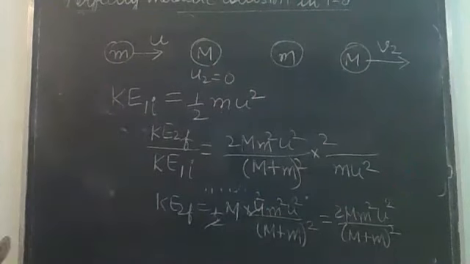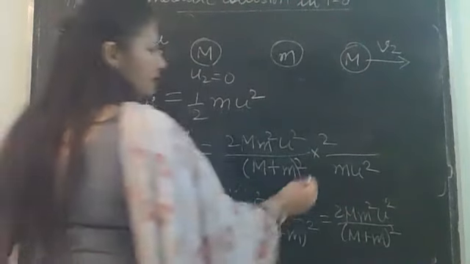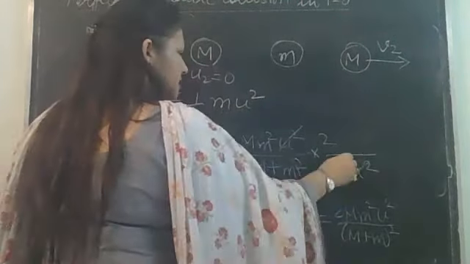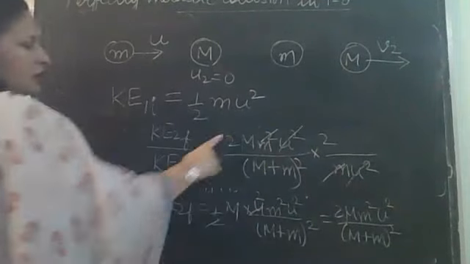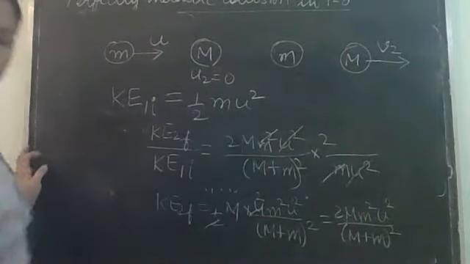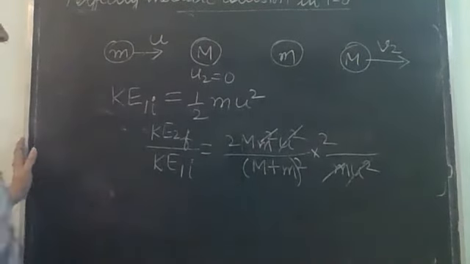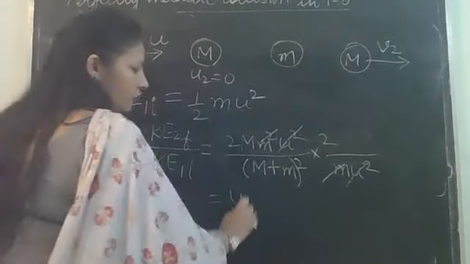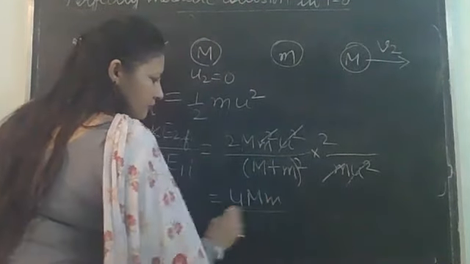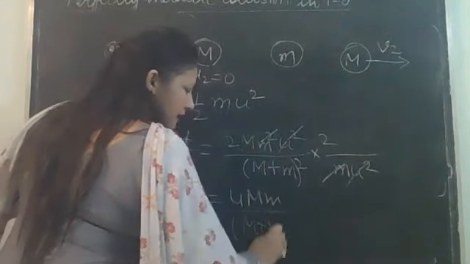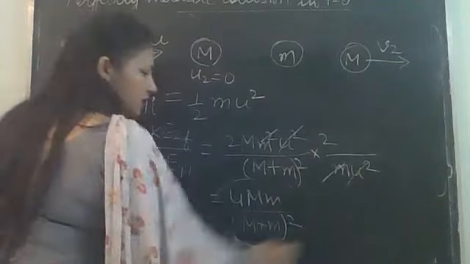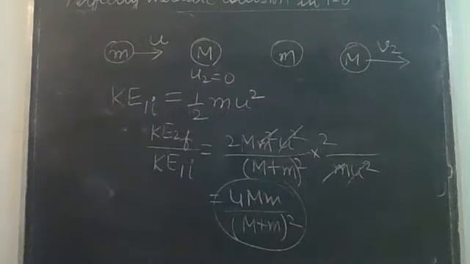So this we are getting finally. See what gets cancelled. U square gets cancelled, one m gets cancelled, 2 twos are 4. So we are left with 4 m1 m2 over (m1 plus m2) square. So this is the answer. So we have proved it.